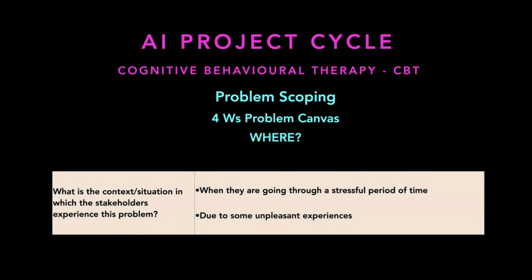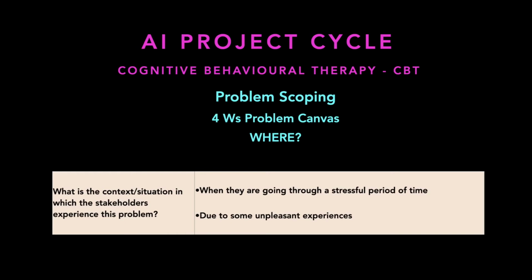The next W is where. We have covered who, what. Now the another W is where. Where the problem lies. Where the context or situation lies. What is the context or situation in which the stakeholders really face the problem?